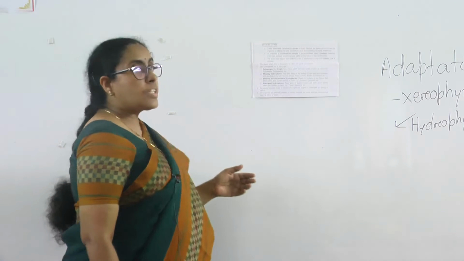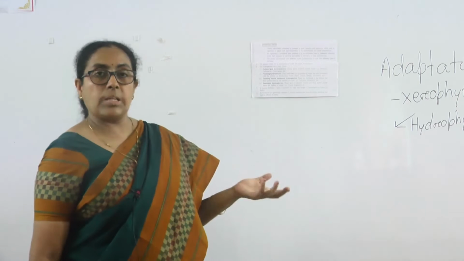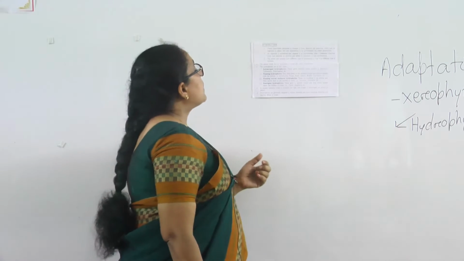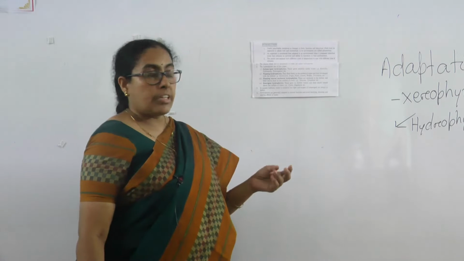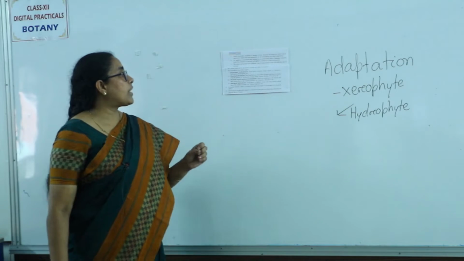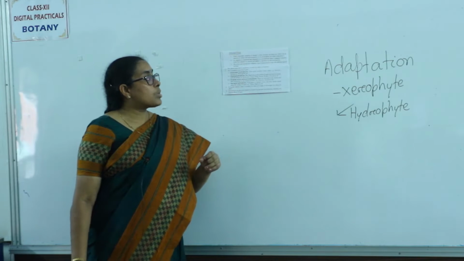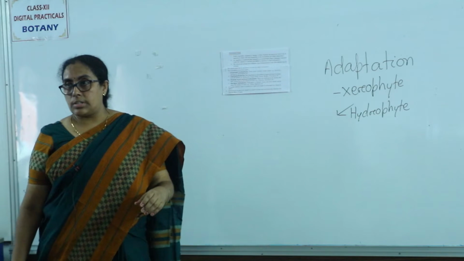Floating hydrophytes, basically which we will find in our surroundings: Eichhornia, Trapa, Pistia, Lemna, Wolffia. These are the groups which are there. Floating leafed anchored hydrophytes are anchored to the bottom and their leaves float on the surface of the water.